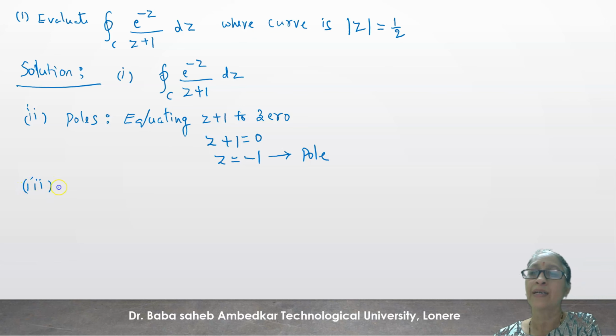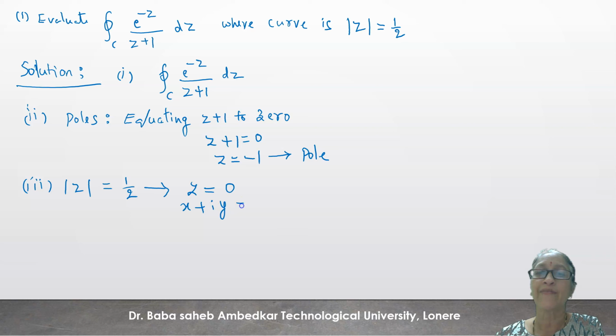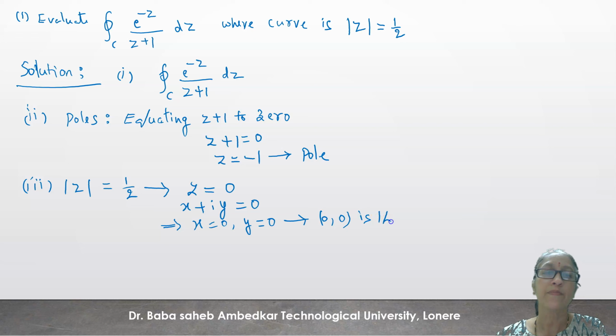Now let us see the given curve. Given curve is mod z equal to half. How do you find its center? If you equate this z to 0, then we get the center. z is x plus iy equal to 0, which implies x equal to 0, y equal to 0. So 0, 0 is the center.